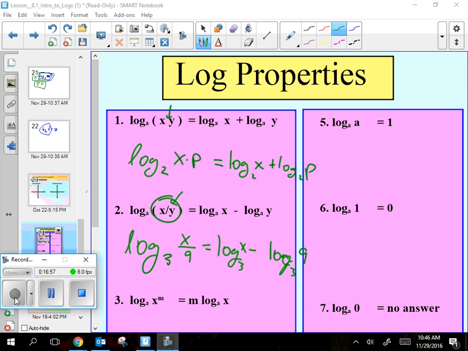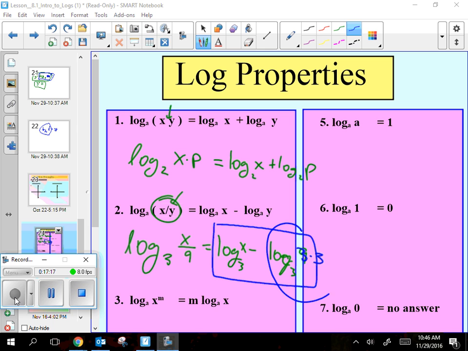Now, just a little side note, this one is not expanded all the way because that 9 could be thought of as 3 times 3. You get how then you could break this up into 2 more logs.